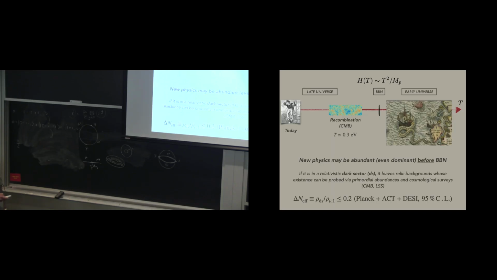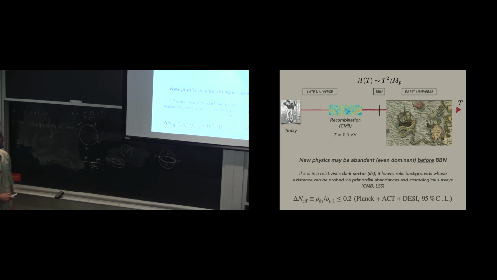And as this picture wants to transmit the message, it's actually a relatively unknown region of cosmological history. In particular, new physics, which is what we are most interested in, may even be abundant or dominant before Big Bang nucleosynthesis, as we do not have that many direct or indirect probes of this epoch.